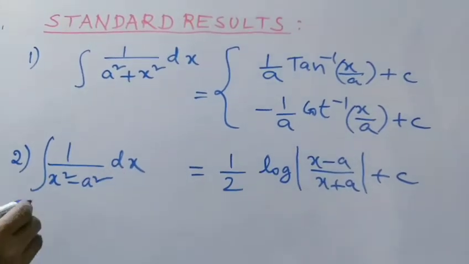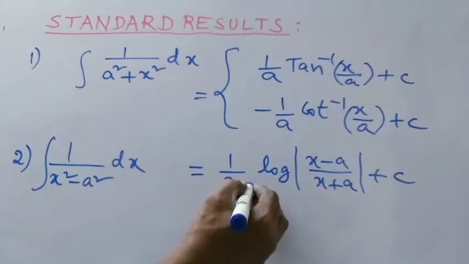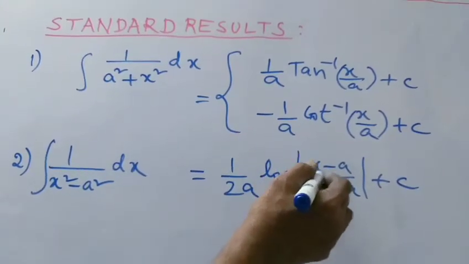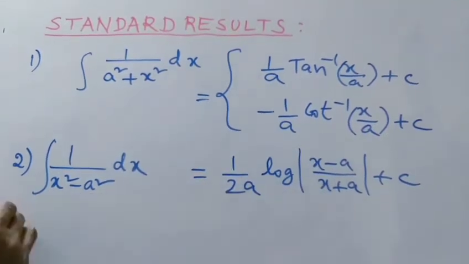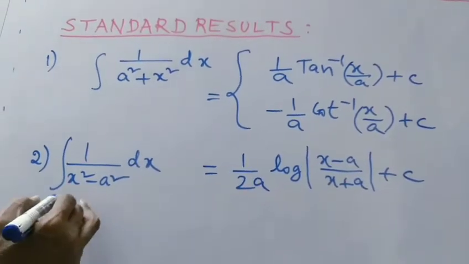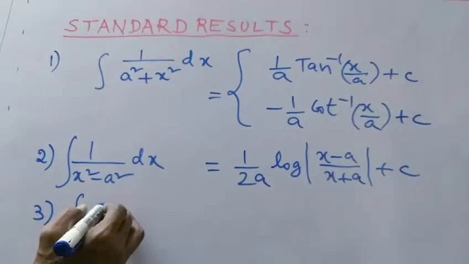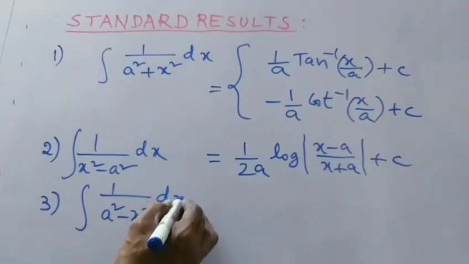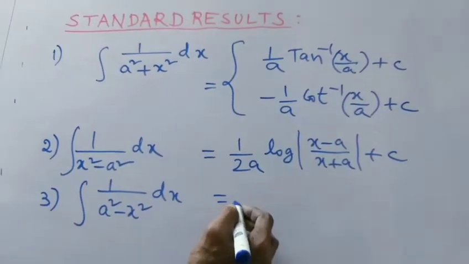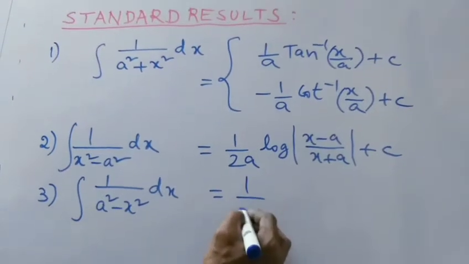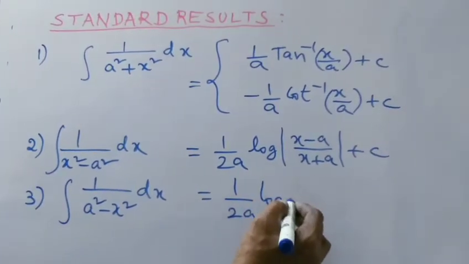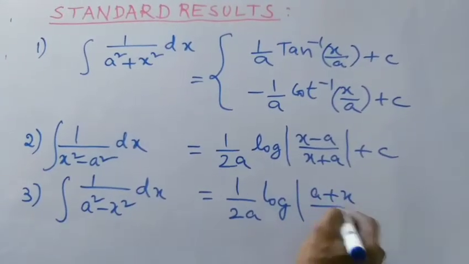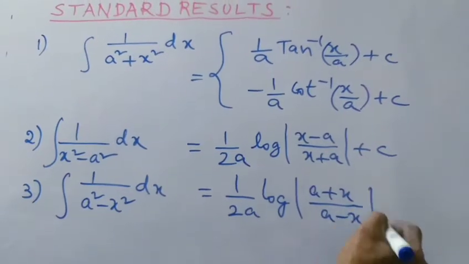And third one, the integral of 1 by a square minus x square dx is equal to 1 by 2a log modulus a plus x by a minus x plus c.